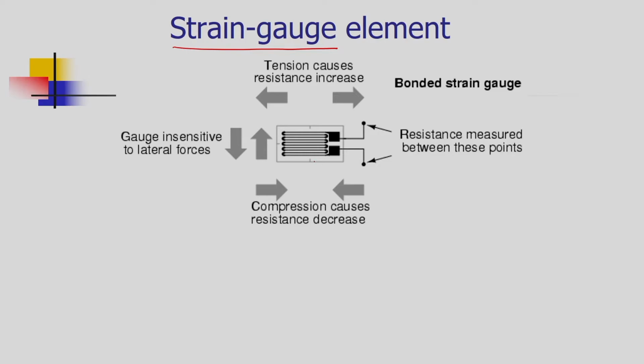So, it has a foil and that foil has two terminals and we are measuring resistance across these two terminals. This foil is attached to the mechanical element of which we want to measure the strain.